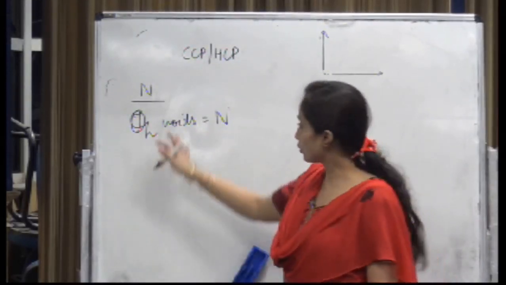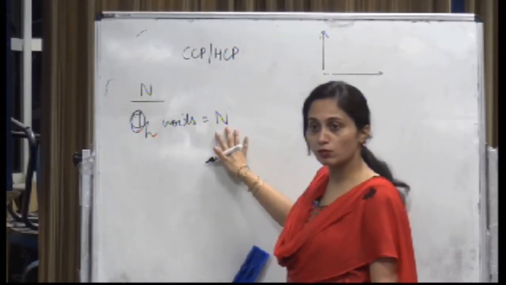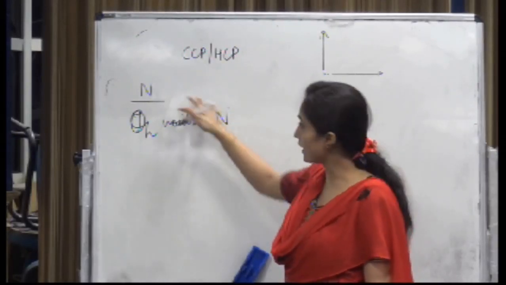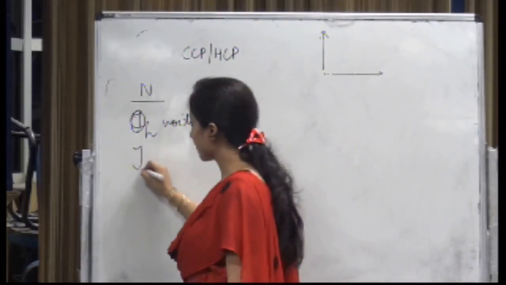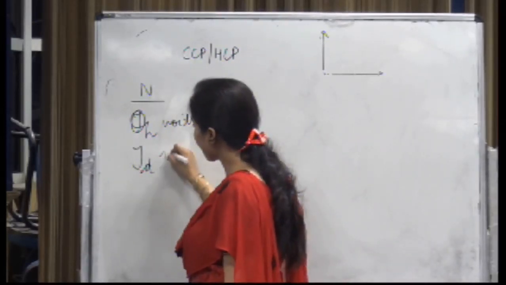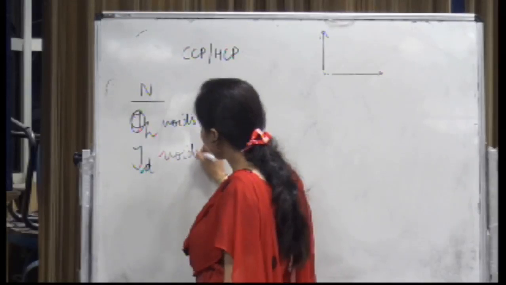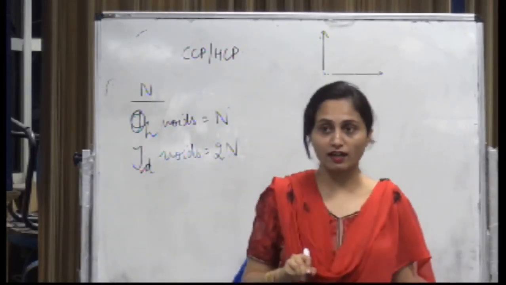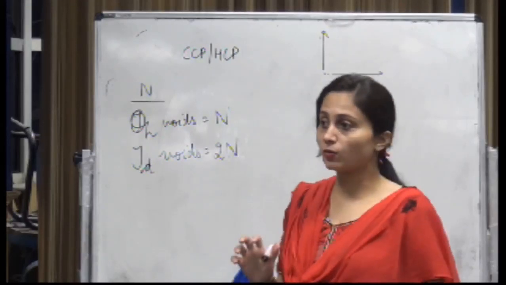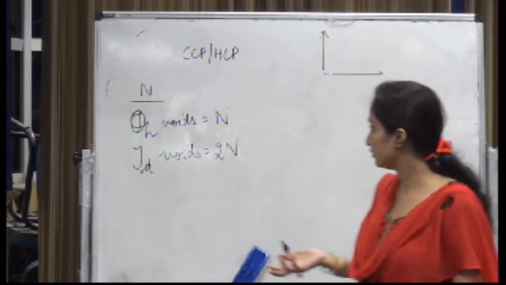The total number of octahedral voids will be equal to n, if n atoms constitute a particular solid, and in a close packed structure the number of tetrahedral voids will be equal to twice that number.